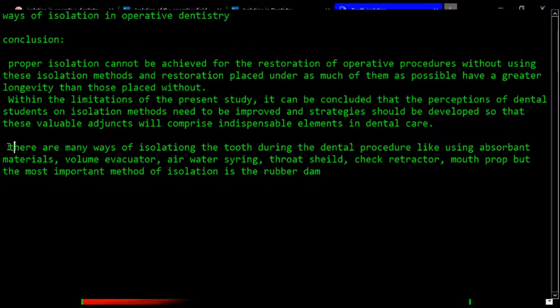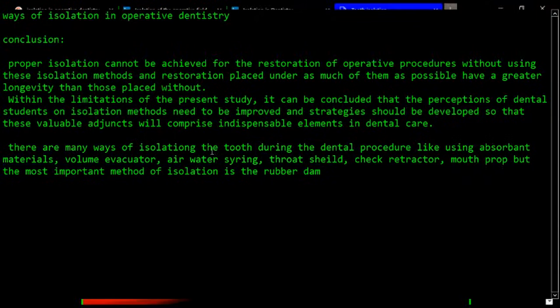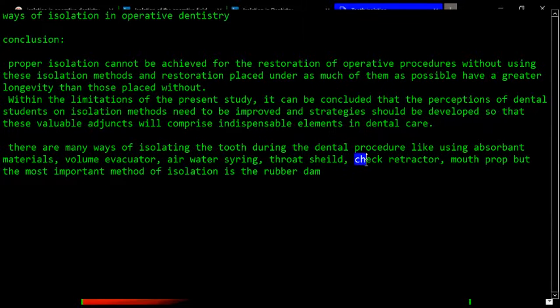Let's read this loudly. There are many ways of isolating the tooth during the dental procedure, like using absorbent materials, volume evacuator, air water syringe, throat shield, cheek retractor, mouth prop.